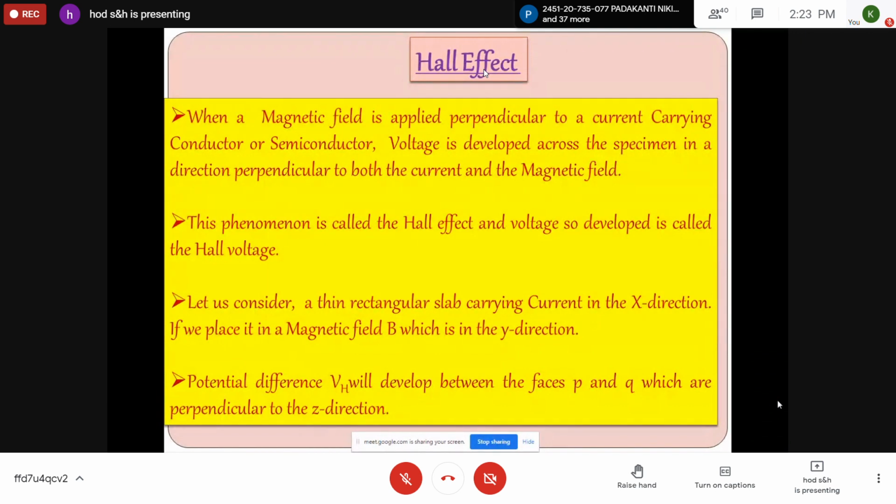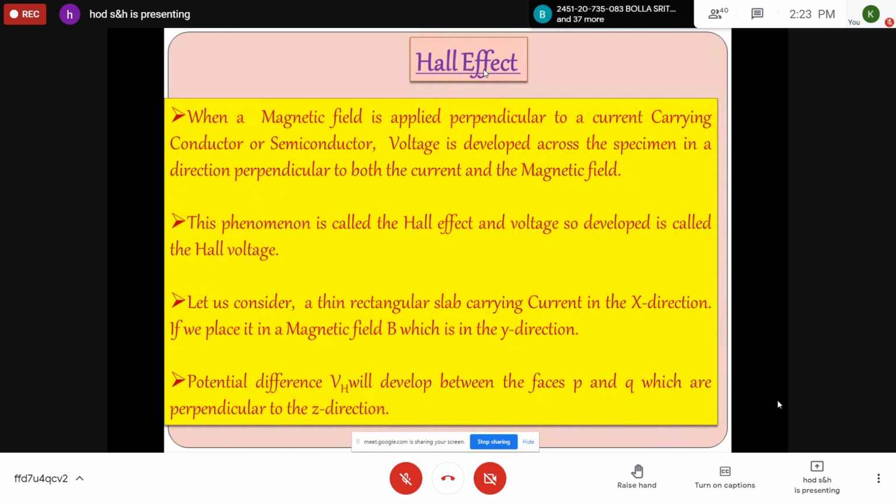This phenomenon is known as the Hall effect, and the generated voltage is called the Hall voltage.